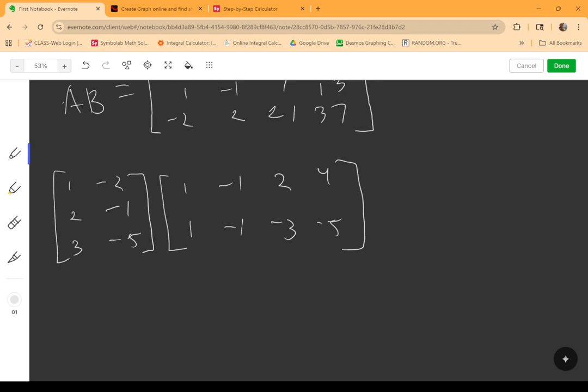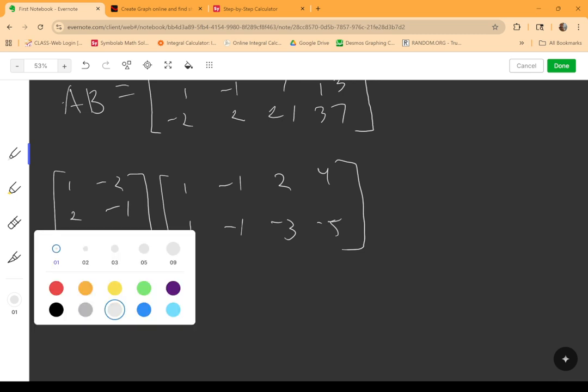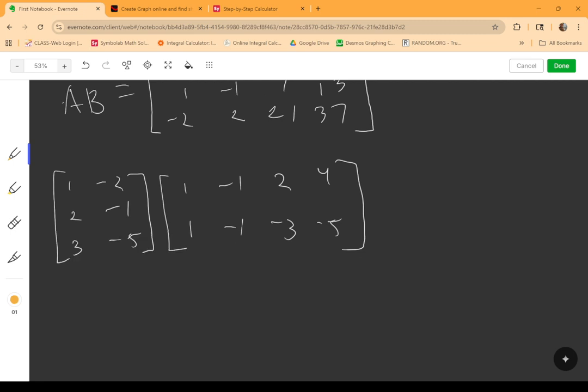This is called row times column, almost like a dot product between the row and the column. I'm going to multiply this row and this first column, like I would with a dot product.